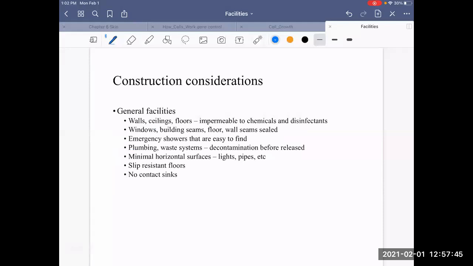Now, whenever they build, one thing they take into consideration is the materials. The walls, ceilings, and floors have to be impermeable to chemicals and disinfectants. Usually we don't have any wood. There are no cracks, so everything is sealed.